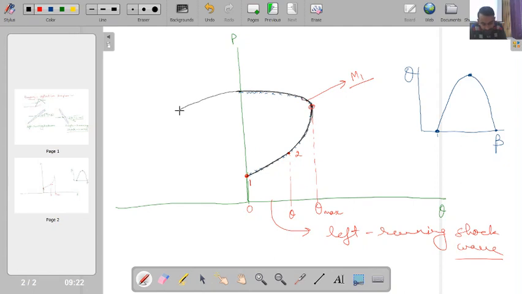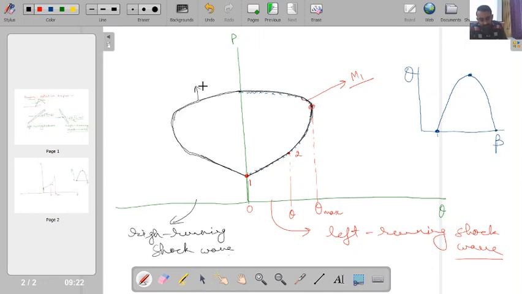I may not be able to draw it exactly correct, but you have to understand that this is a mirror image of the first one. So this is my complete pressure deflection diagram, and this side is for a right running shock wave.